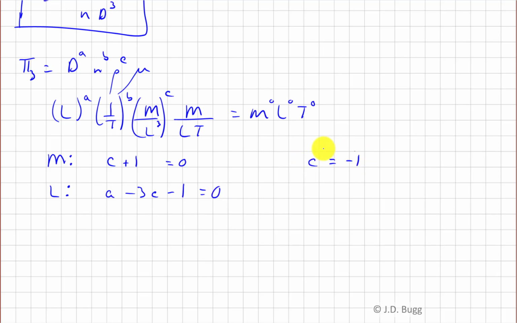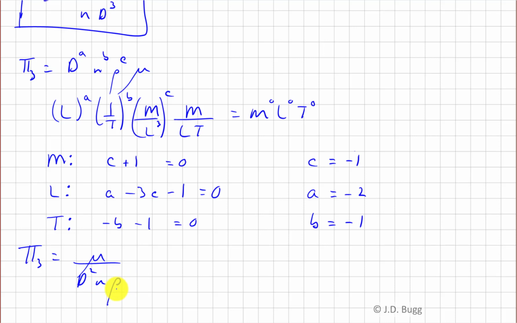Notice we already know that c is equal to negative 1, so that gives us a equals minus 2. Finally, we have T, and no T there, minus b, no T there, and minus 1 equals 0. So b is equal to negative 1. And so our pi 3 is equal to mu over d squared n rho.